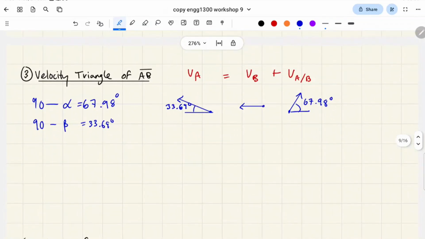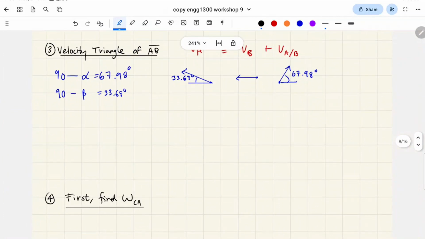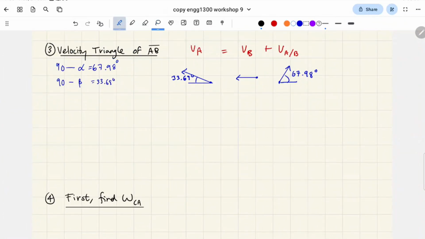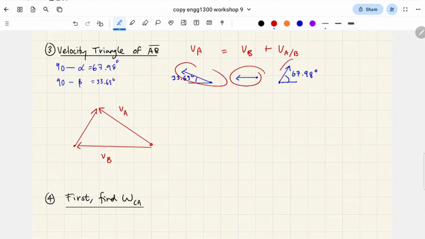And then, okay, we'll draw out the triangle. So we'll draw from here. VA goes up like that. VB goes to the side like that, right? VAB goes like that, as per our arrows that we were drawing.